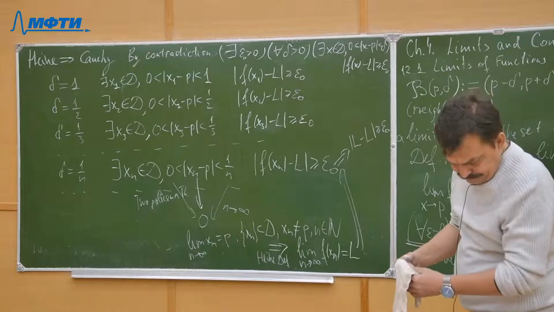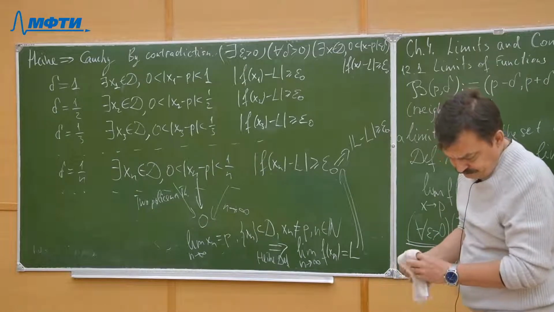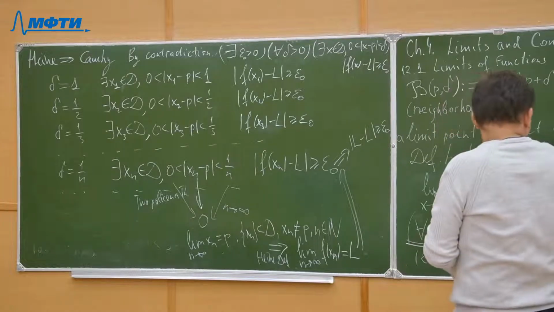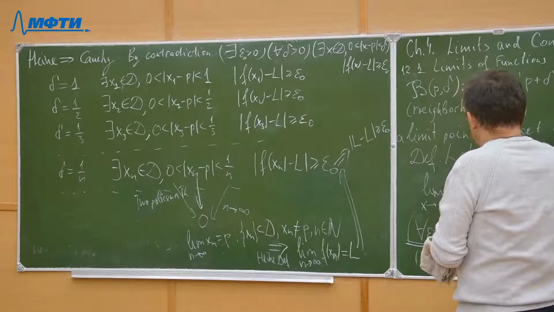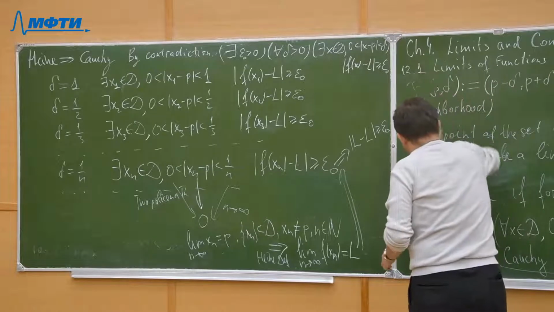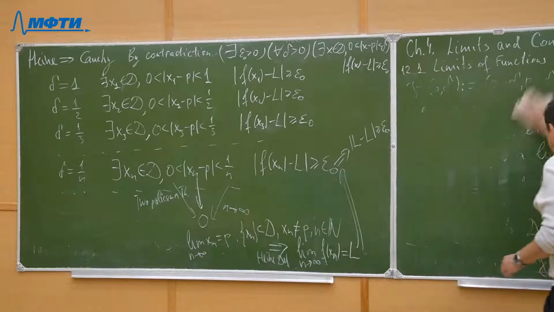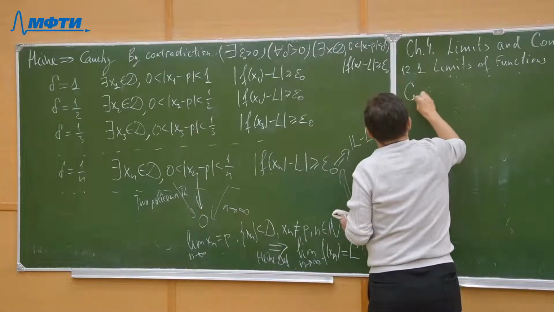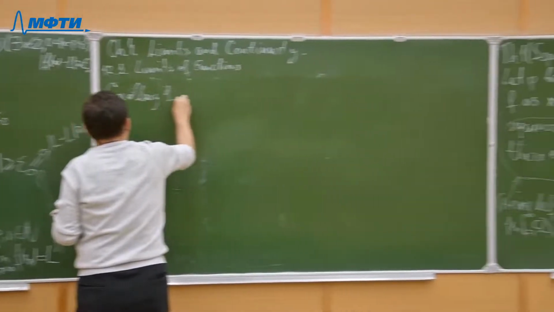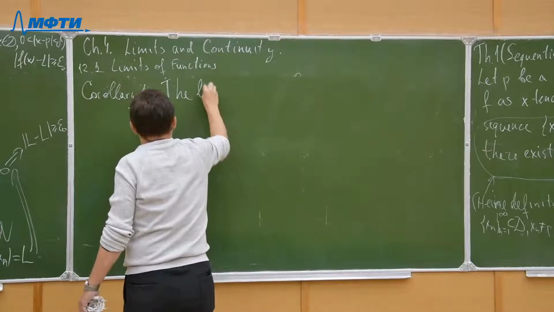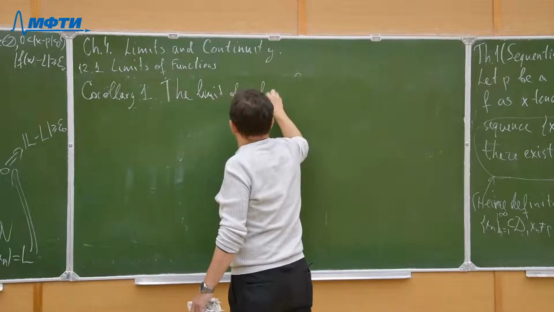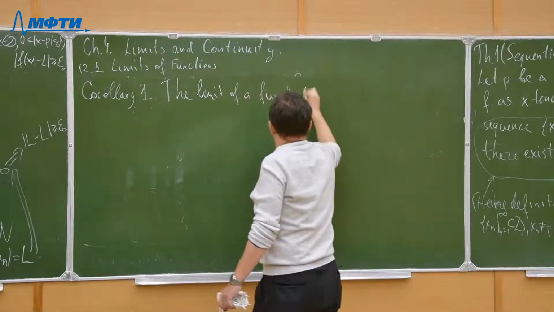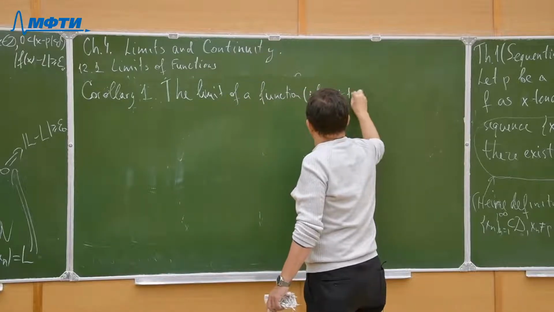Maybe a couple of corollaries. The first corollary says that the limit of a function, if it exists, is unique.